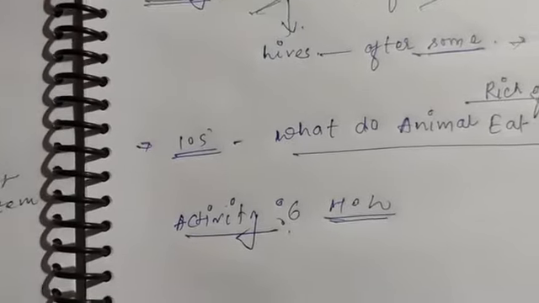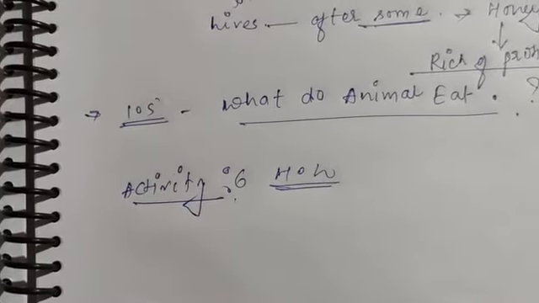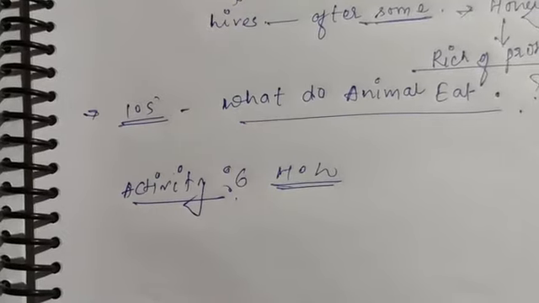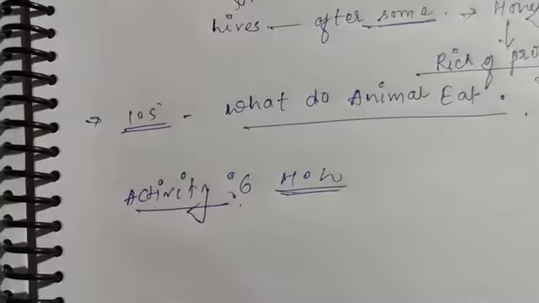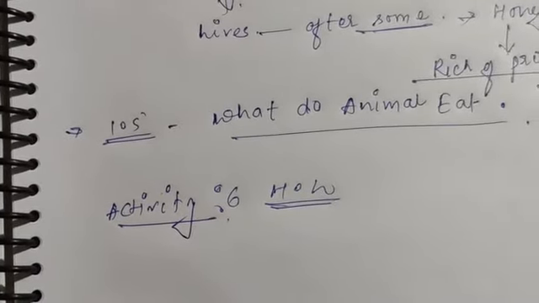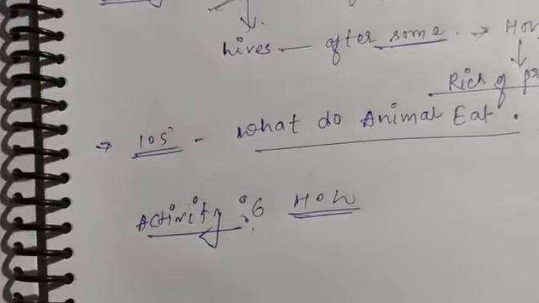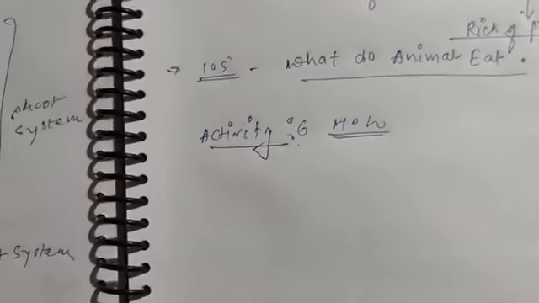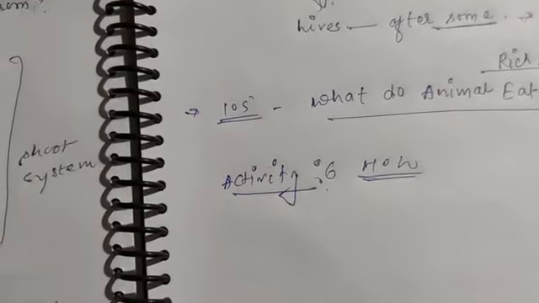You should make a table in your notebook and write the food of the respective animals and fill in the table. If you find any difficulty, you just ask me.